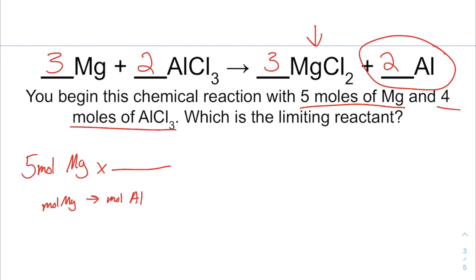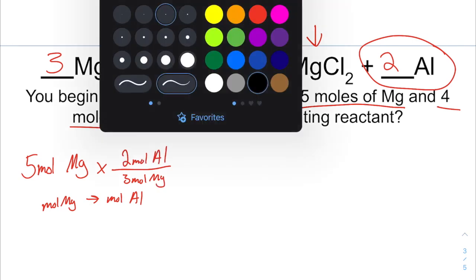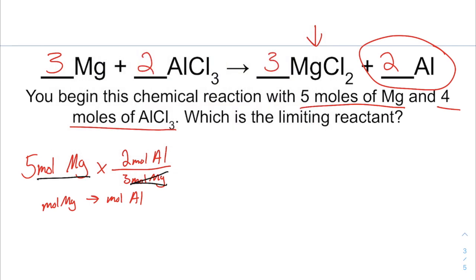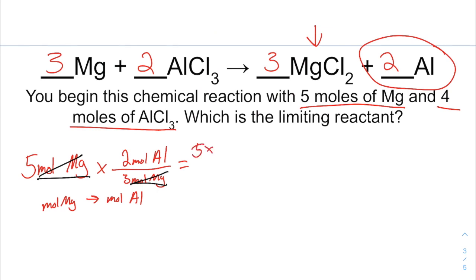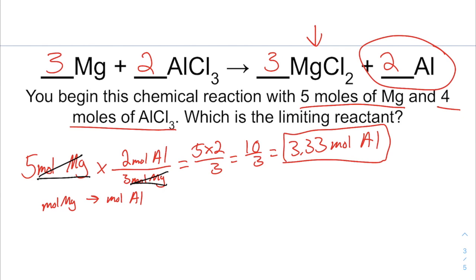So taking a look at my chemical equation, I'm going to put 3 moles of Mg on the bottom and 2 moles of Al on the top. Go ahead and cancel out my units just like normal. And we can go ahead and multiply out. 5 times 2 divided by 3 gives us 10 divided by 3, 3.33 moles of Al. So that is the amount that can be made from our magnesium.